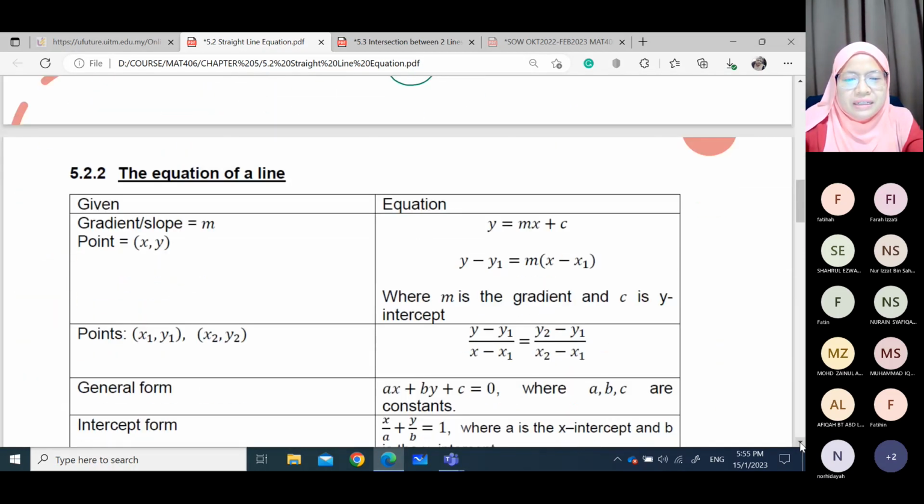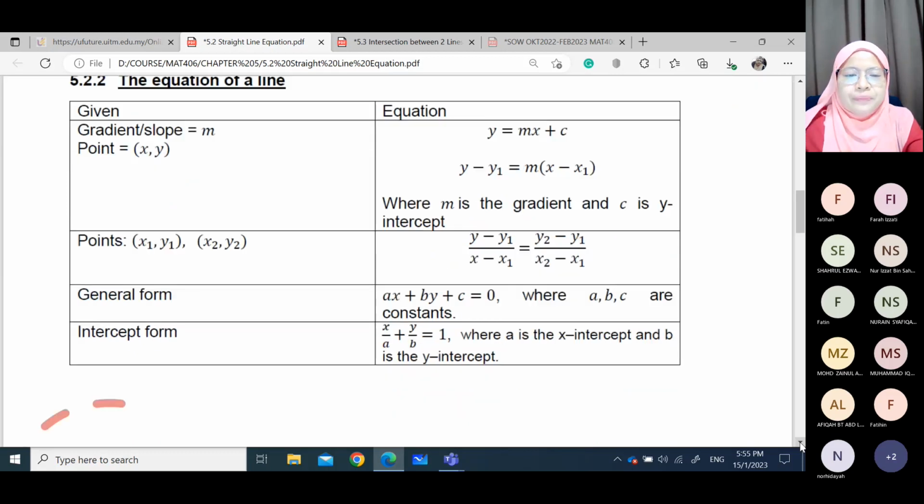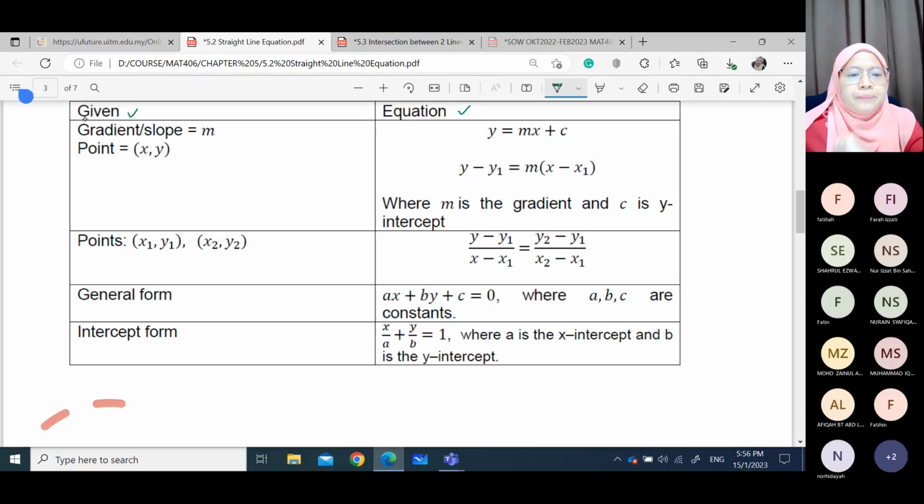Okay, so next we look at the equation of a line. Okay, so here we have two columns. The first column is about given, so apa yang diberi pada kita, and then we have equation. Okay, so in this column, in the given column, we have a gradient or slope. So for gradient or slope, it is known as M. So bila M in mathematics adalah itu adalah gradient ataupun slope.